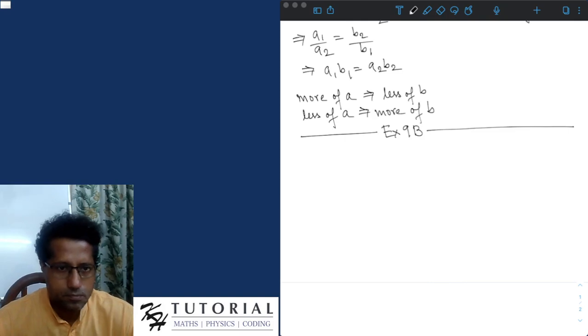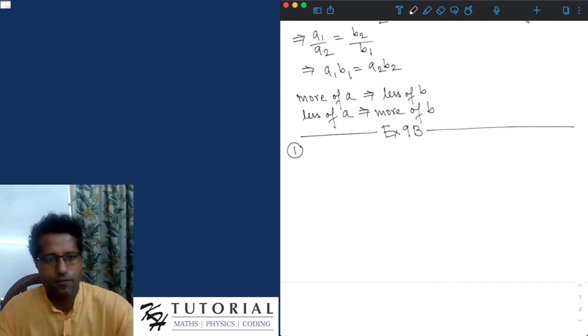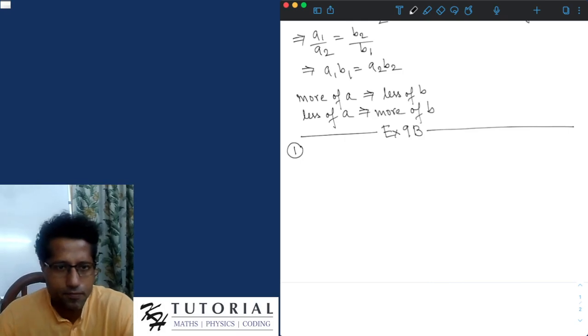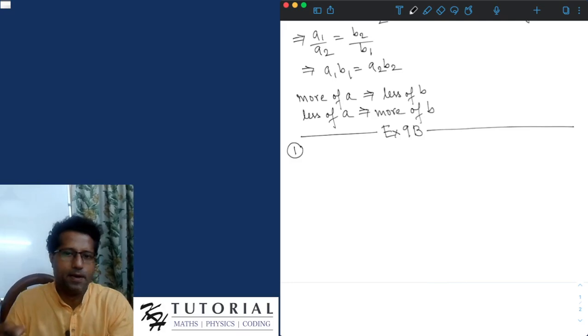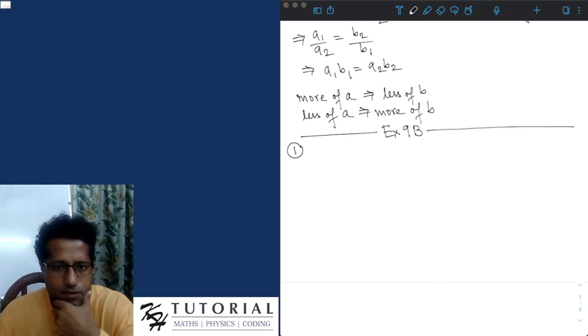Okay, so the first question says that if 48 men can dig a trench in 14 days, how long will 28 men take to dig a similar trench? So the task is to dig a trench, and some men are working to dig it in a certain number of days.